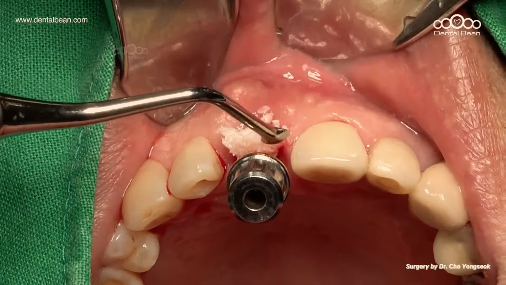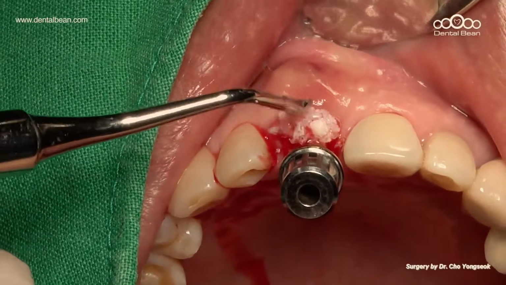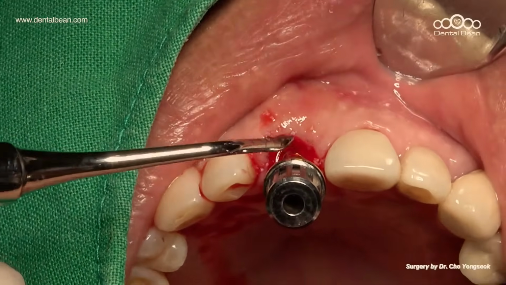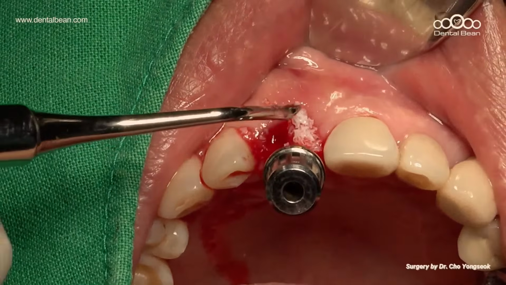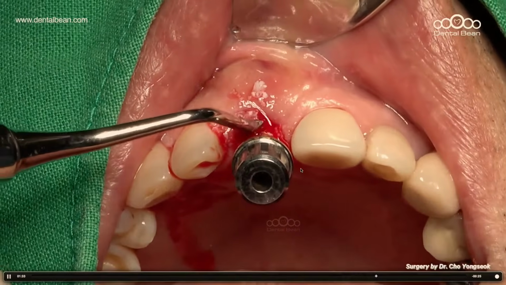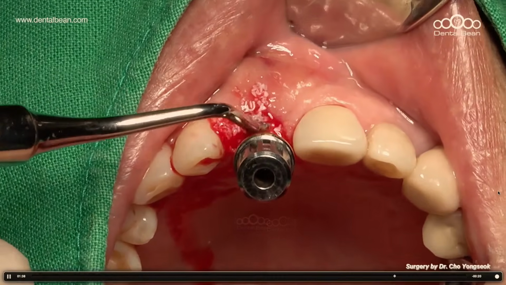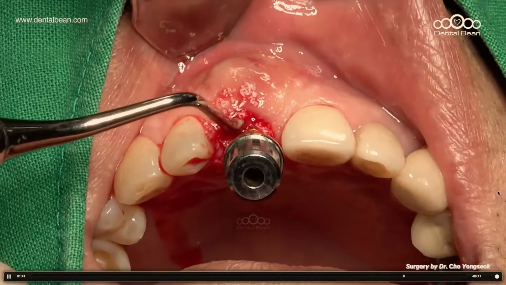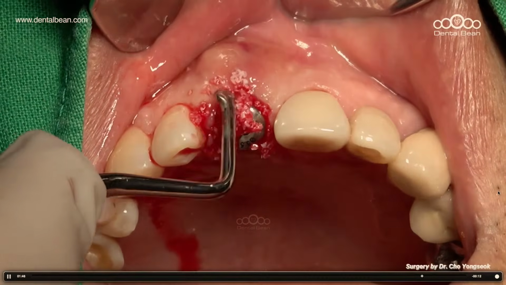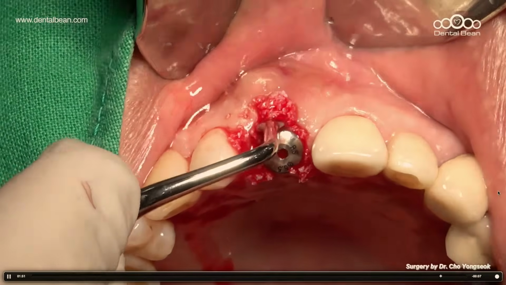Here again, I tried the simple intra-socket bone grafting. Do not press the graft material, just fill the gap. And then let's finish the case.